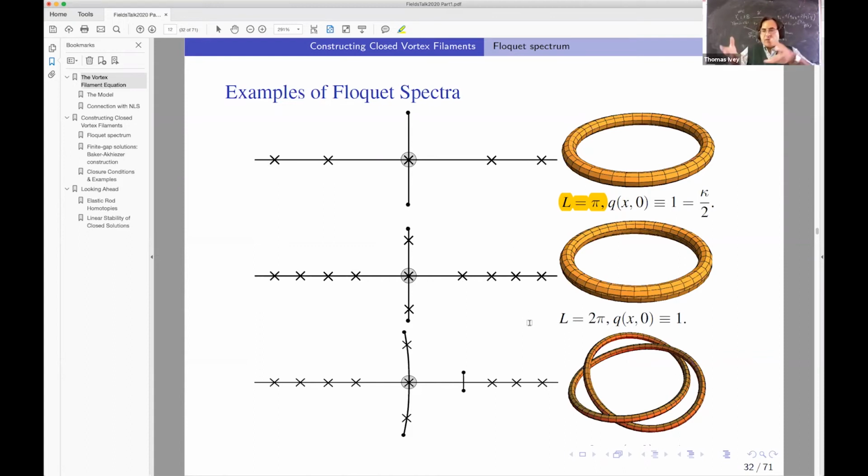As a deformation of that double covered circle, you can pop it out of the plane in a way that Annalisa will talk about more explicitly tomorrow to get a trefoil knot. As you do that, the Floquet spectrum deforms. This double point is opened up into 2 simple points, and this piece of the imaginary axis is bent into a curved spine.